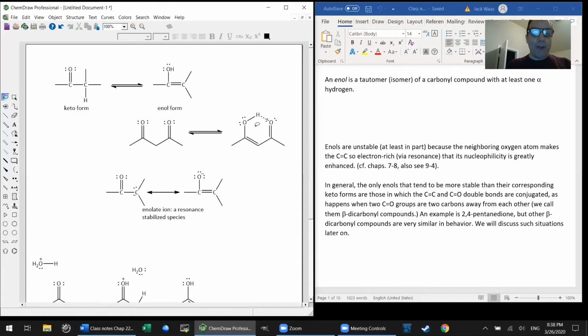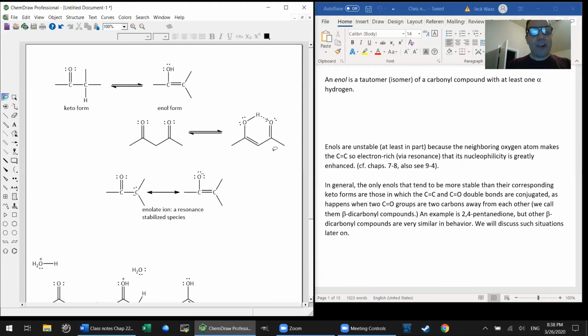And the other thing going on here is that you have hydrogen bonding between the hydrogen of the enol OH and the carbonyl oxygen on the other side. Not only that, you can see it forms a quasi six-membered ring.